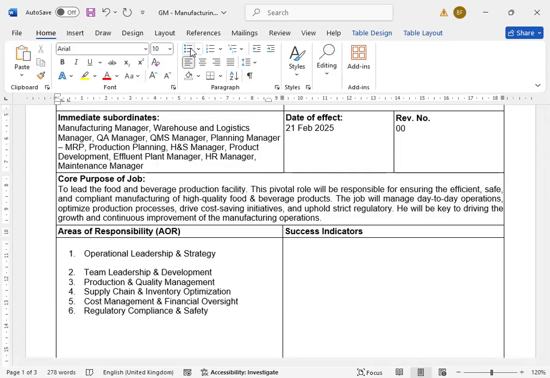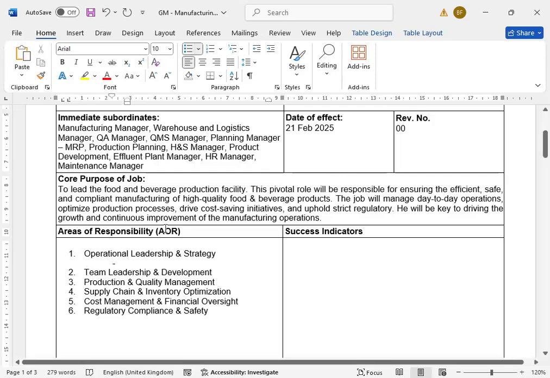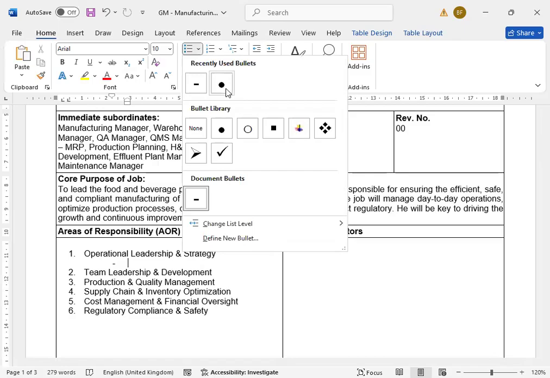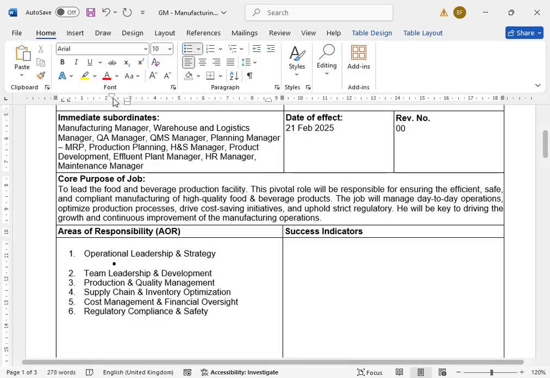Okay. What I want is a bullet point. This one. Then I'm just gonna adjust the distance, the margin. So it should start from here. Okay, that would be okay.